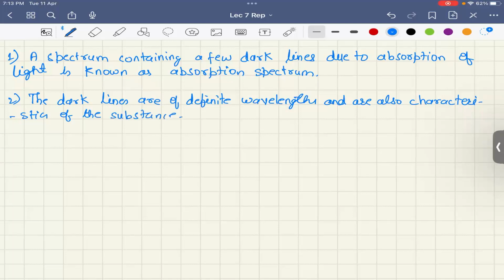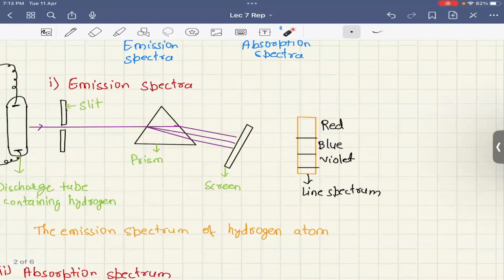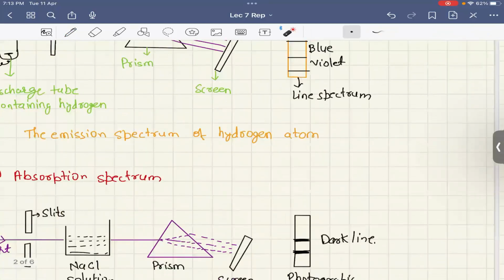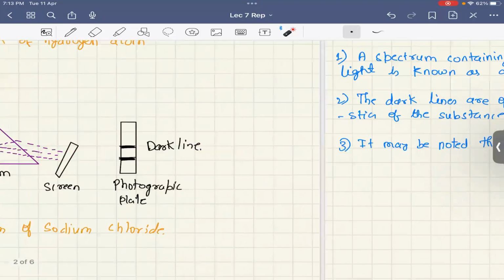It may be noted that when we say dark lines, I mean these dark lines, and these are the characteristics of substances.